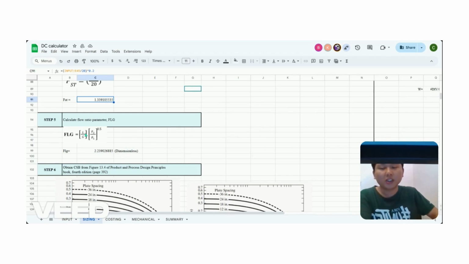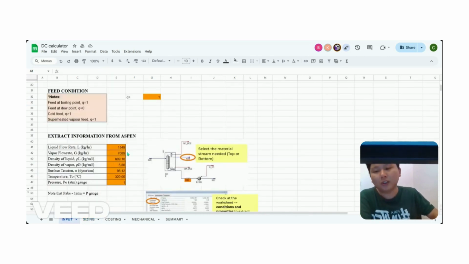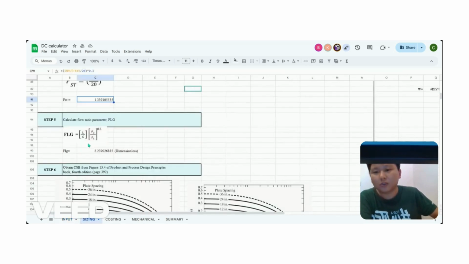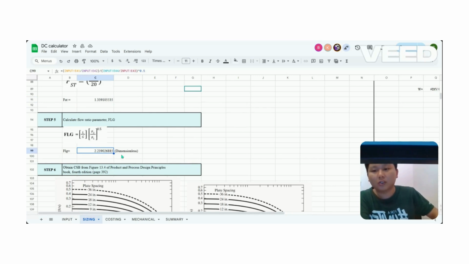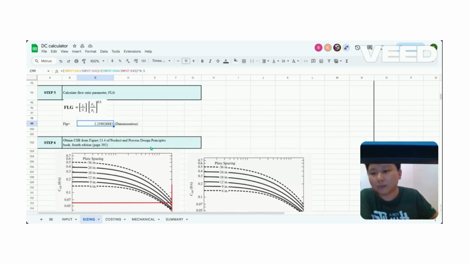So these four parameters can also be extracted from Aspen and then you just input the values. So according to the values for the four parameters mentioned just now, we managed to get 2.239 for FLG. And take note, the flow ratio parameter is dimensionless.